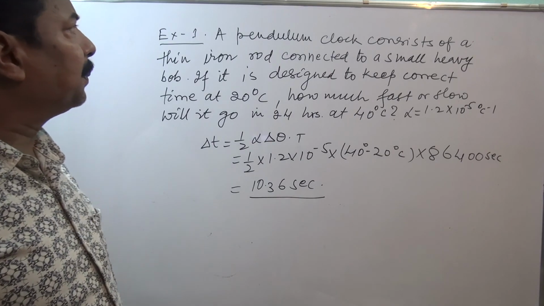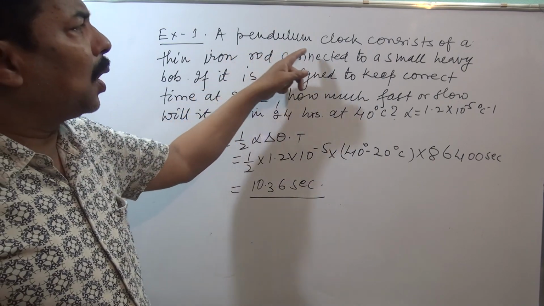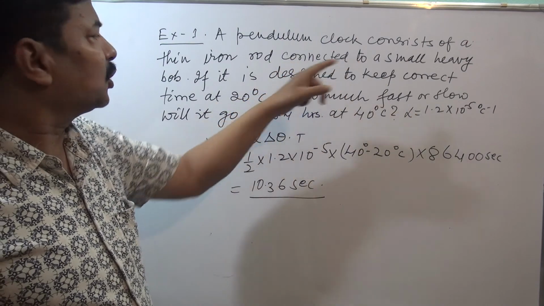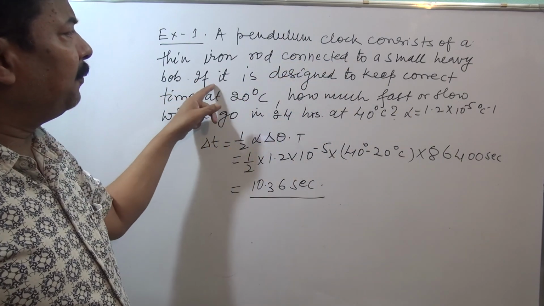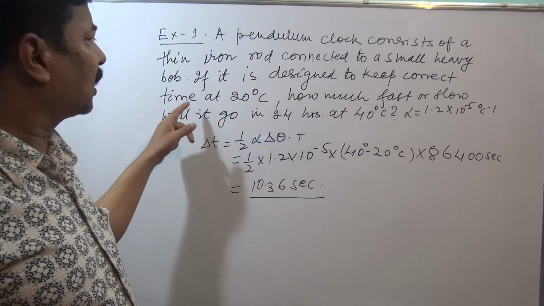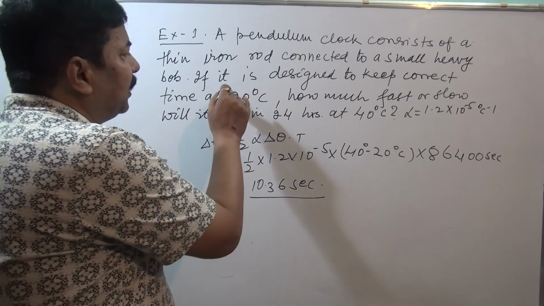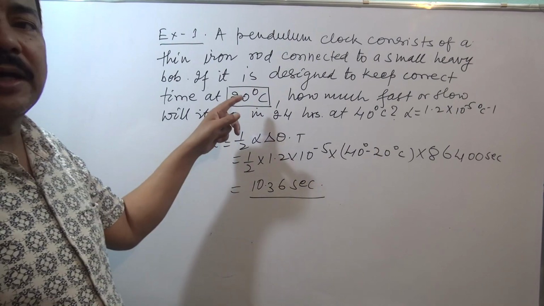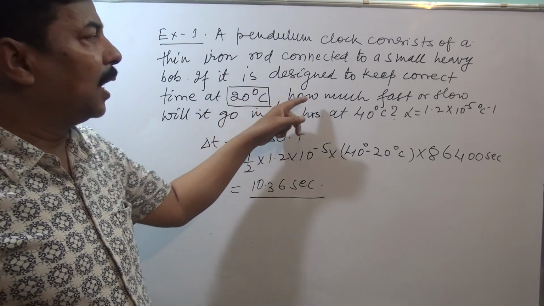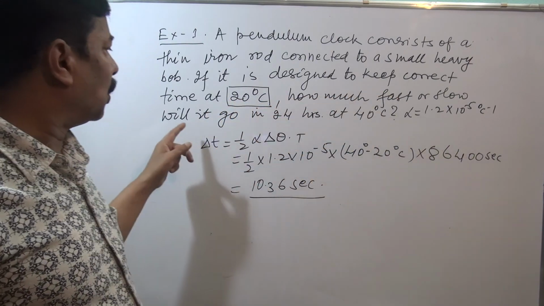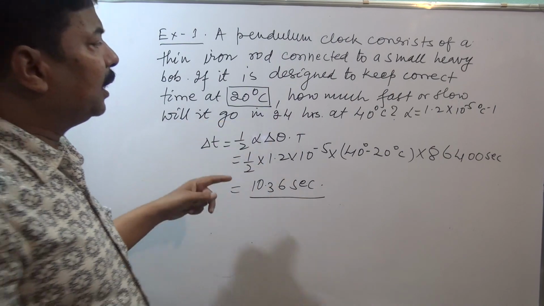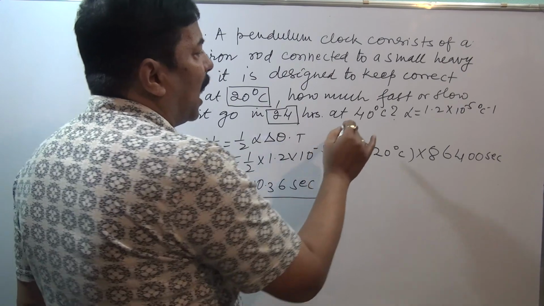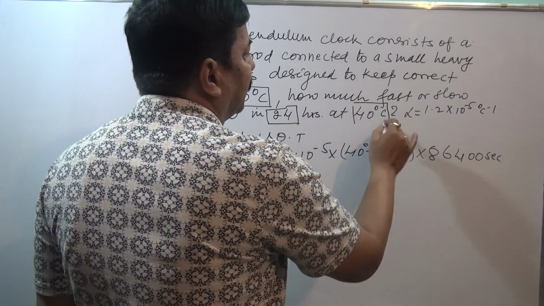Now see the problem. A pendulum clock consists of a thin iron rod connected to a small heavy bob. If it is designed to keep the correct time at 20 degrees centigrade, the pendulum is designed to give correct time at 20 degrees centigrade. How much fast or slow will it go in 24 hours at 40 degrees centigrade?